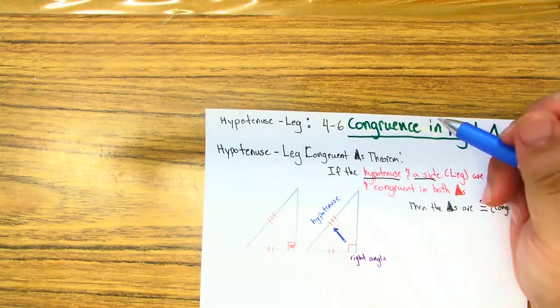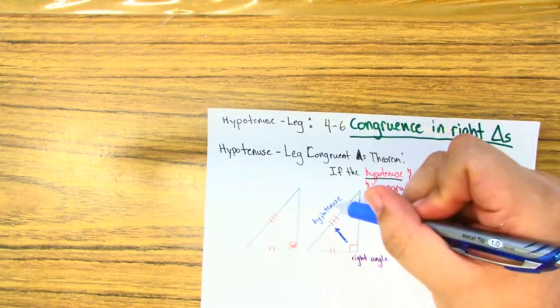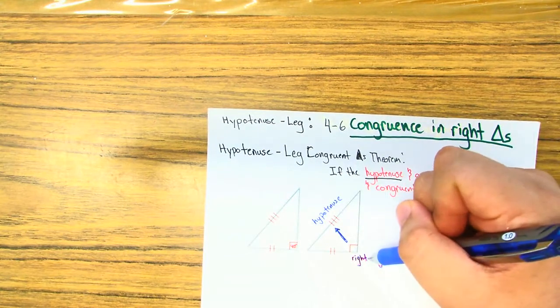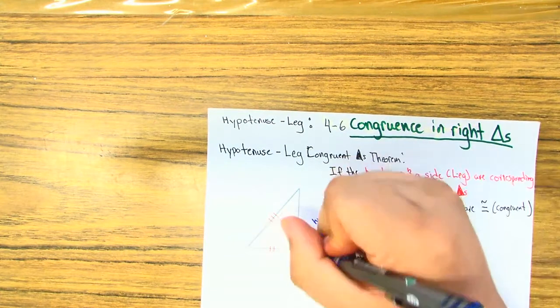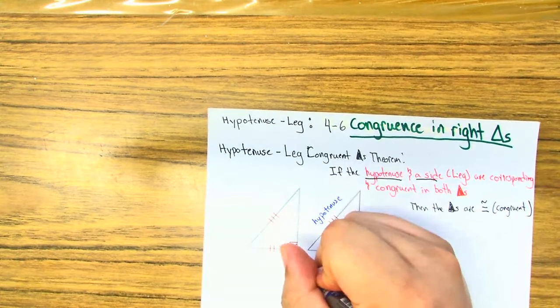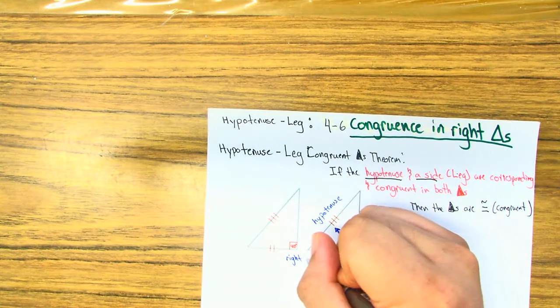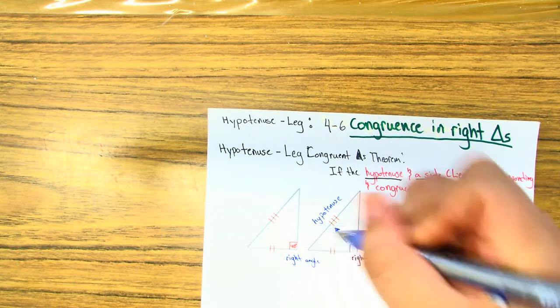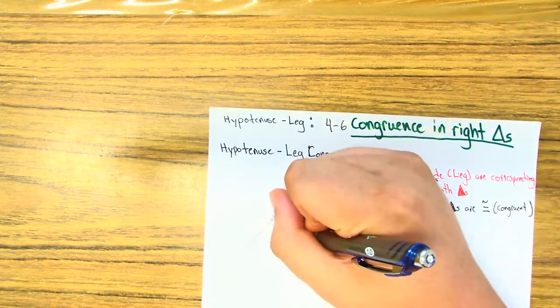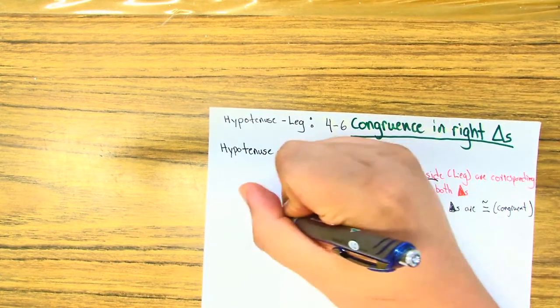Once again, you can only have a hypotenuse if and only if you have a right angle. So here, you have a right angle, and you know the opposite side of that angle will always be the hypotenuse.